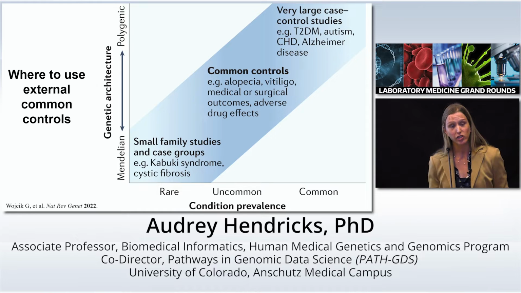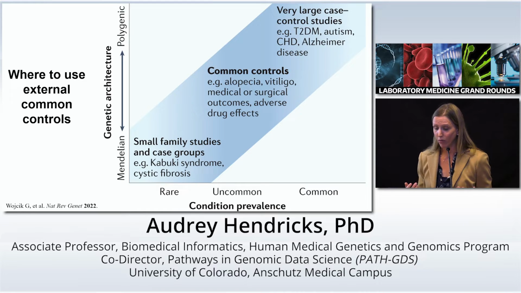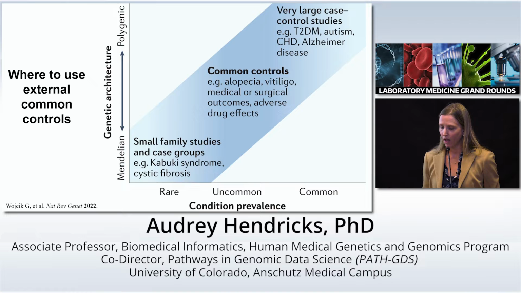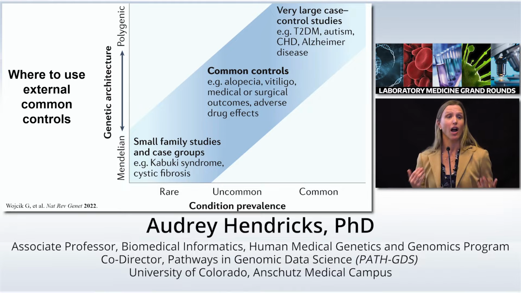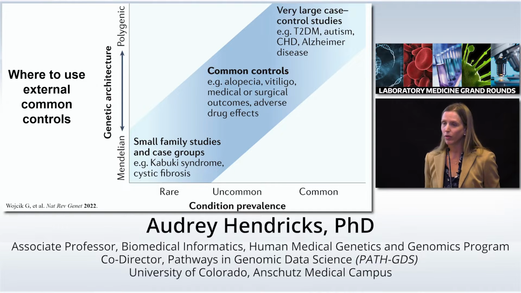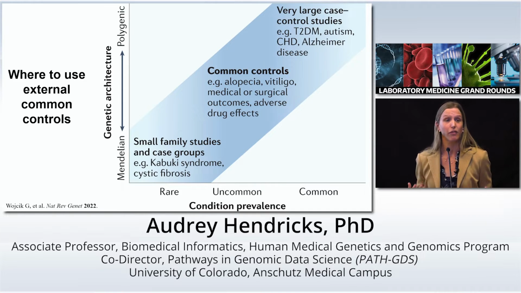Well, in these situations, we might do very well with family studies or case groups, and we might be able to identify the genetic determinants. On the other side, if we have a very common disease or condition that's influenced by a large number of genes in the thousands, well, then we can probably garner enough resources to complete very large studies.